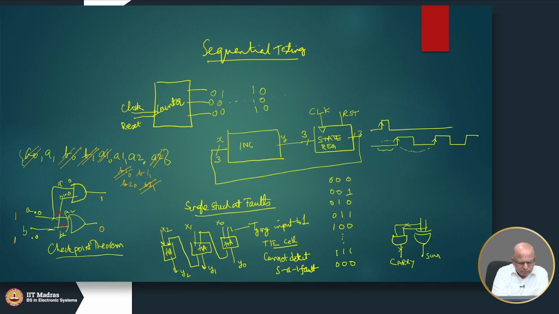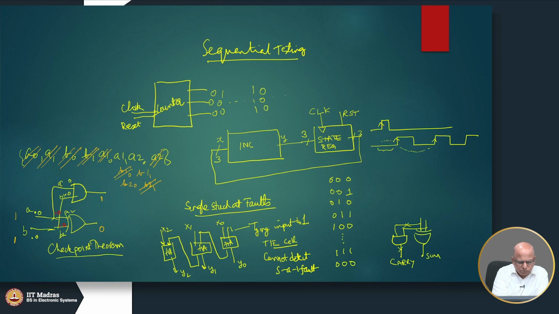anything else. If A is stuck at 1, it will get caught. I do not think anything else is caught. So, you can see that 1 1 was a very powerful test vector.